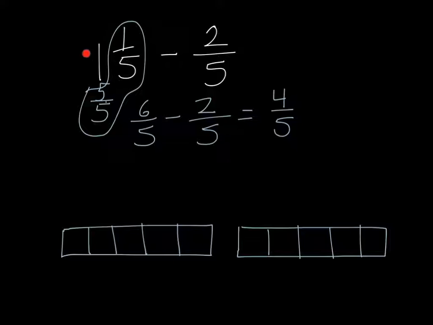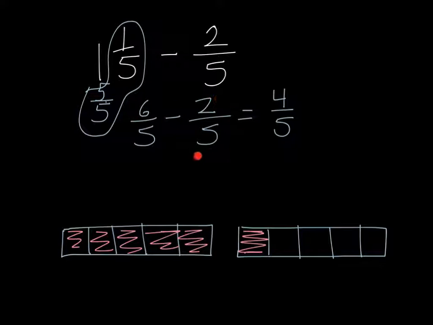Now this original fraction, I am starting with 1 and 5/5. So the 1 whole, I'm going to color in this entire thing. That's my 1 whole. And then I have 1/5 left over. And you can see how I got to this fraction of 6/5. If I count these all up, I've got 1, 2, 3, 4, 5, 6/5 all together.